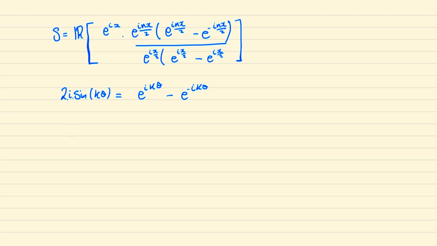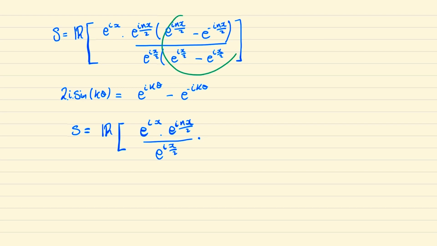And so when we sub this in, replacing k, we end up with S equaling the real part of e to the ix times (e to the inx over 2) over (e to the ix over 2). And then writing these parts in terms of sine, this will become 2i sine nx over 2 over 2i sine x over 2.